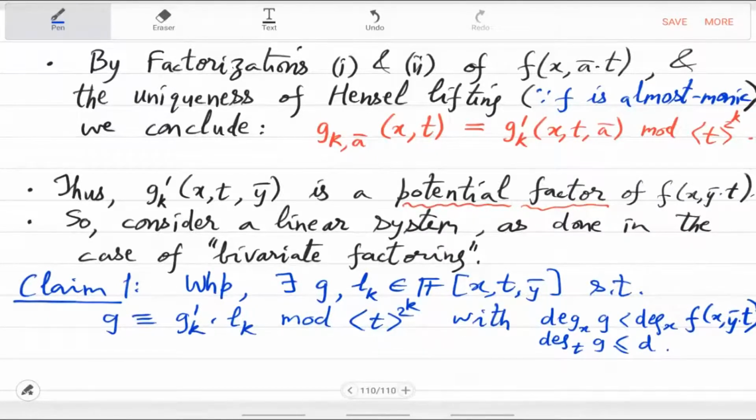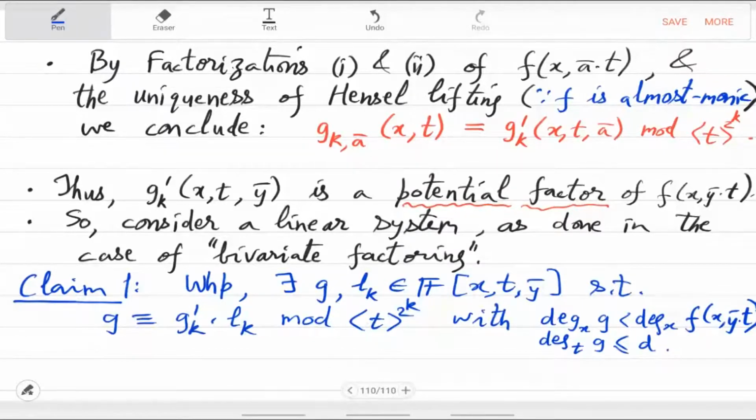So the degree with respect to x should be strictly smaller, and the degree of g with respect to t, and also y bar, cannot exceed d.